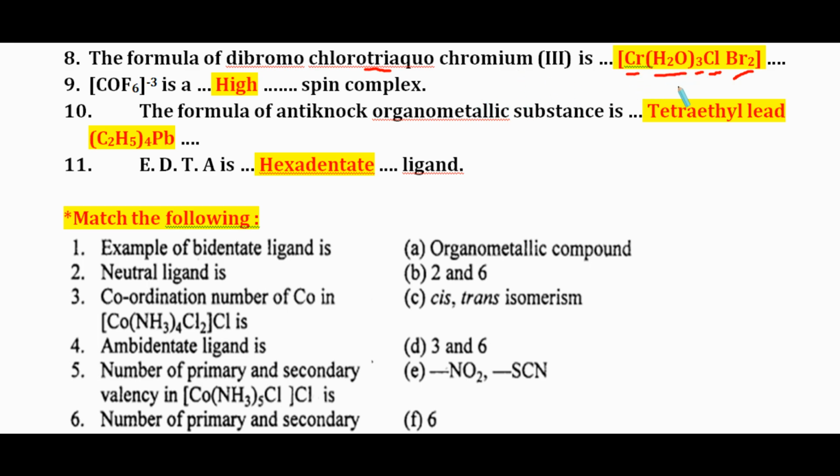The charges: -1 charge is present on Cl and -1 charge on each Br, but there are 2 Br, so there are 3 negative charges which are neutralized by Cr. Thus the oxidation number is 3.